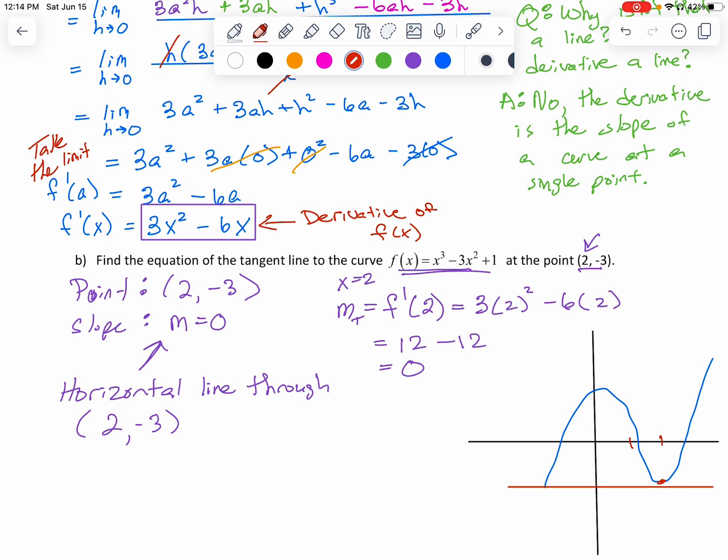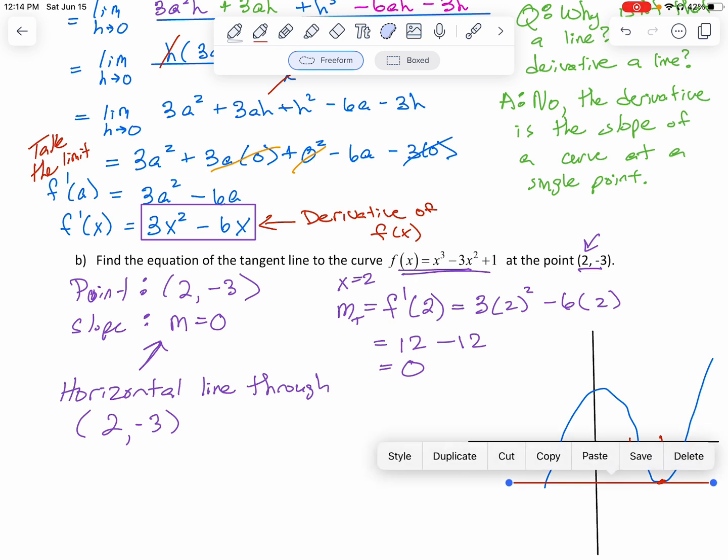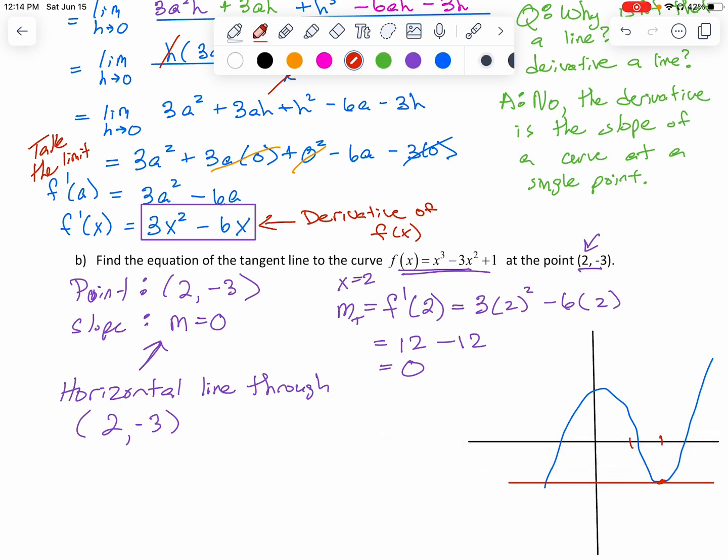The only way for a tangent to be a horizontal line is if it's at the bottom or the top of a curve. That's when you're walking flat. When you're walking uphill, your derivative is positive. When you're walking downhill, your derivative is negative. Where do you walk flat? You walk flat at the top of a hill or at the bottom of a valley.